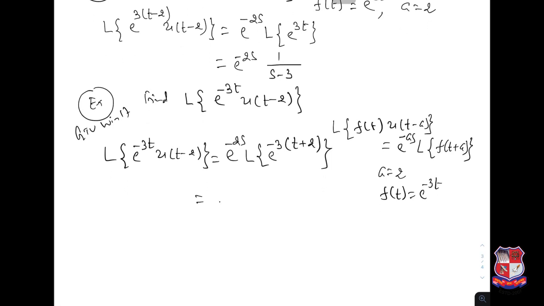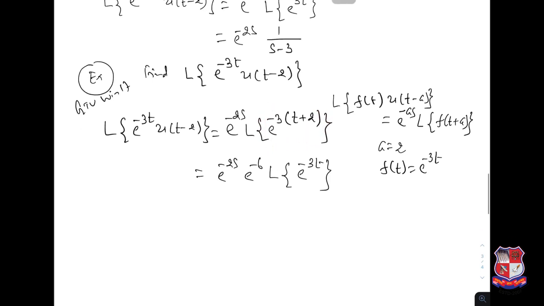This is equal to e to the power minus 2s e to the power minus 6 Laplace transformation of e power minus 3t. You can simplify this part, e power minus 3t into e power minus 6, and e power minus 6 you can take outside. So this is equal to e to the power minus 2s minus 6, and Laplace transformation of e power minus 3t is 1 upon s plus 3. So that is the answer.